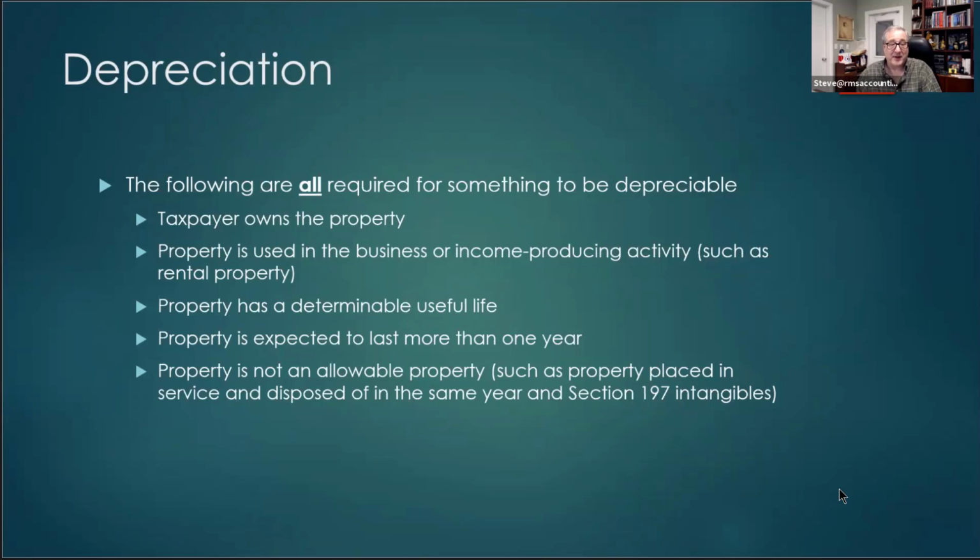Depreciation, I talked a little bit about already. You have to take all the required depreciation. If you don't, you're going to have to recapture it anyway. You can only depreciate property that you own, and property used in a trade or business. Personal property cannot be depreciated, but a rental, a business office, or your warehouse can. Property must have a determined useful life, so land doesn't get depreciated.